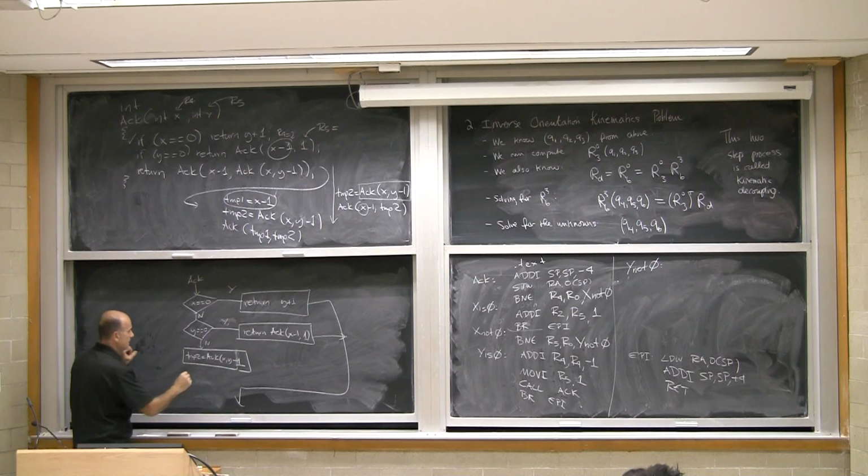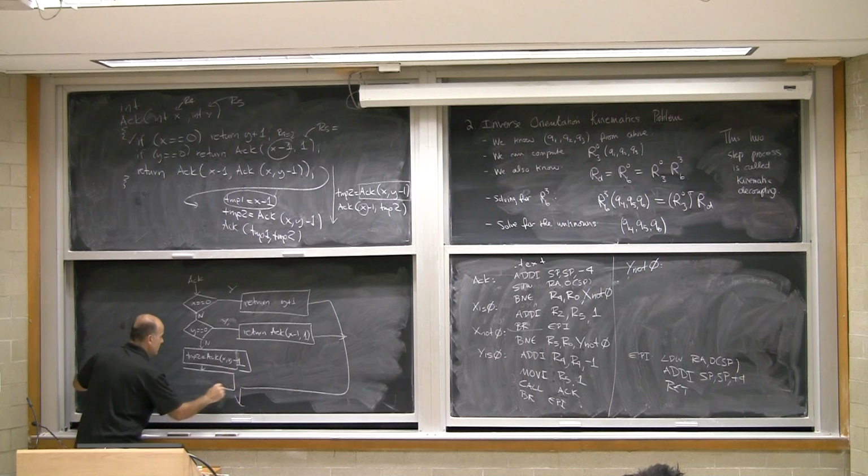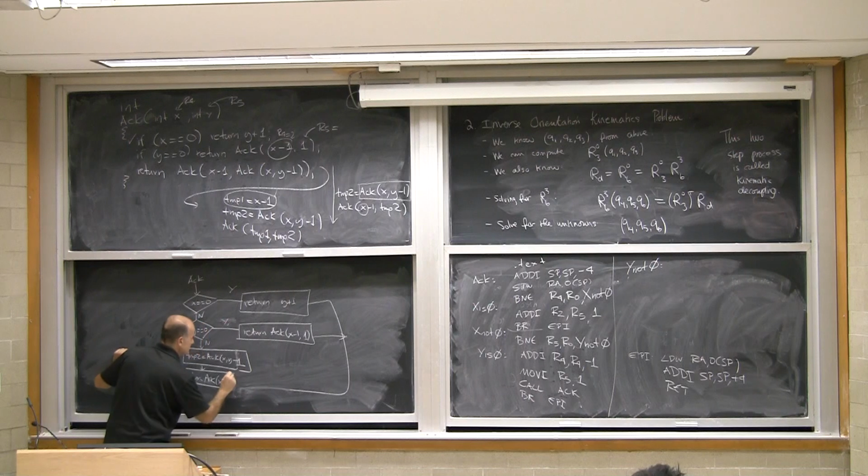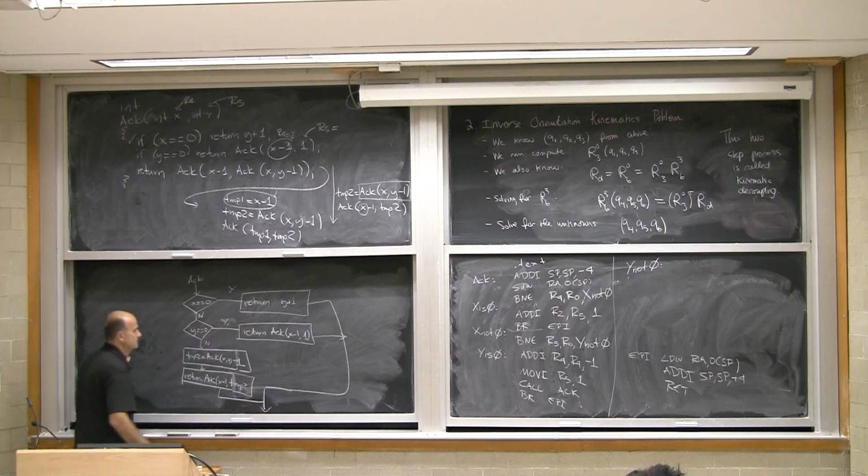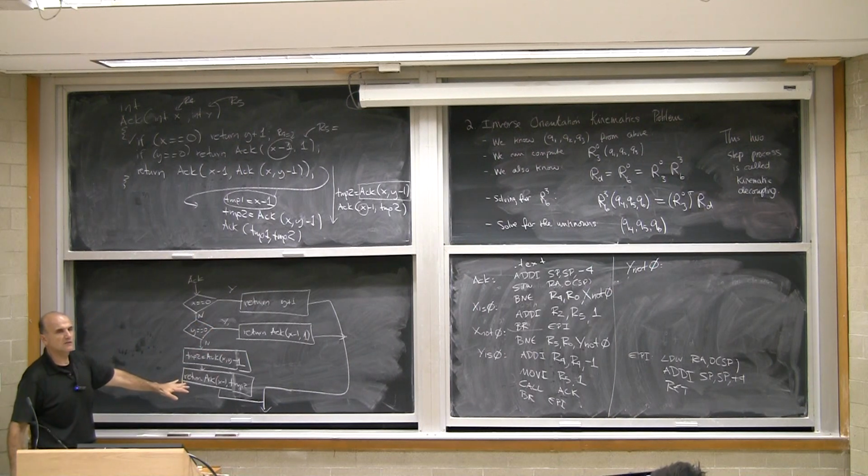This is the first statement. And after that, we have to do another one, which is return Ackermann x minus 1 temp2. Now everything converges to the exit. I apologize for my wonderful handwriting again.